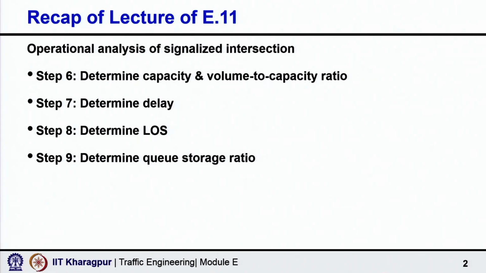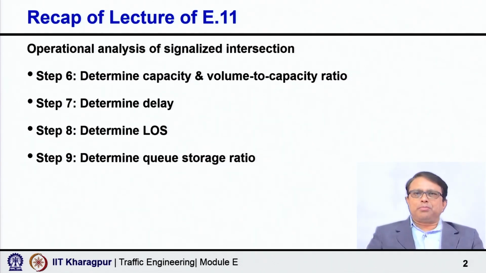Then step 7, determine delay. Step 8, how to determine level of service based on the control delay, and then we started our discussion and a few concepts also I explained in relation to queue storage ratio calculation.